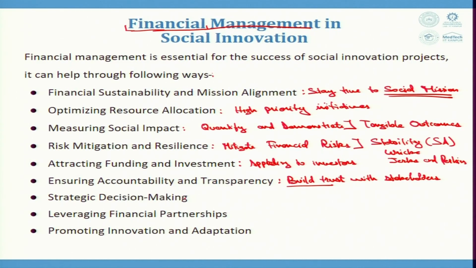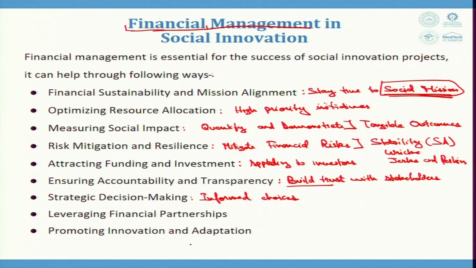Then strategic decision making. Strategic decision making means that this empowers leaders to make informed choices, which are aligned to the social objectives in the social mission here.